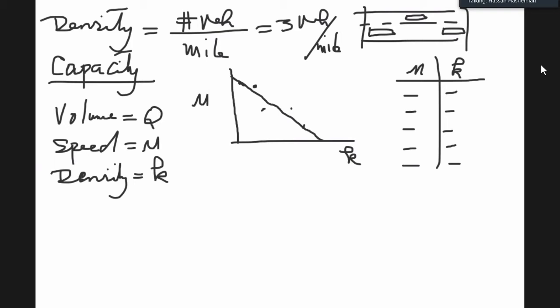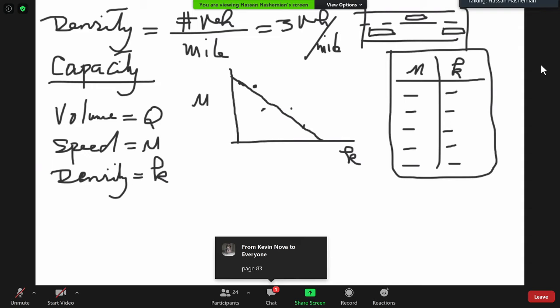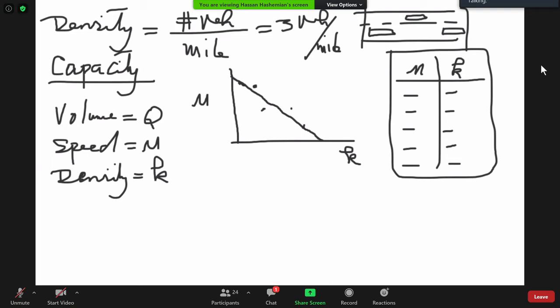So I plot that speed and density from this table, and I fit the best line through it. Okay? So what is this point called? This point is where the density is the lowest, almost 0.